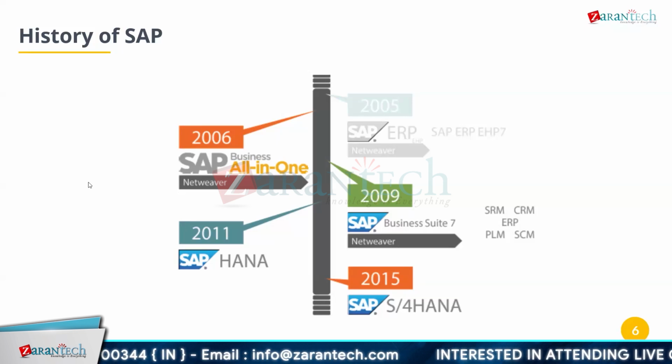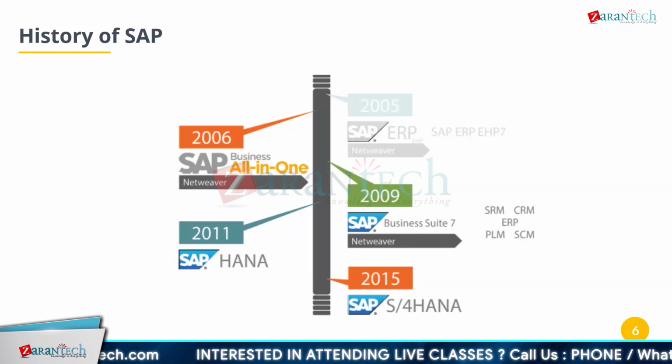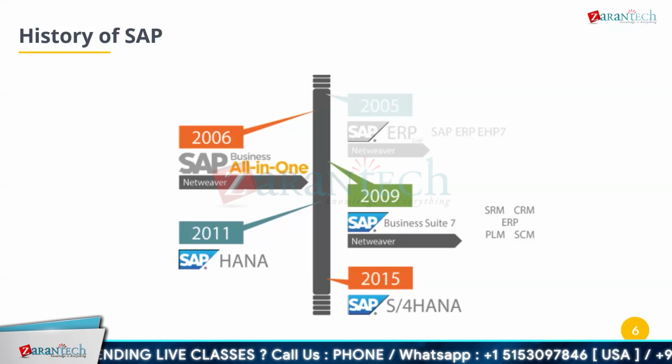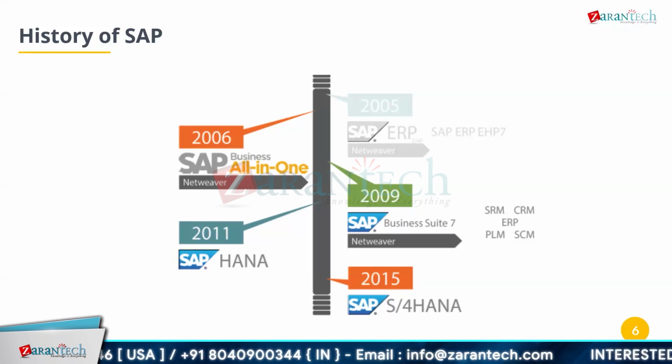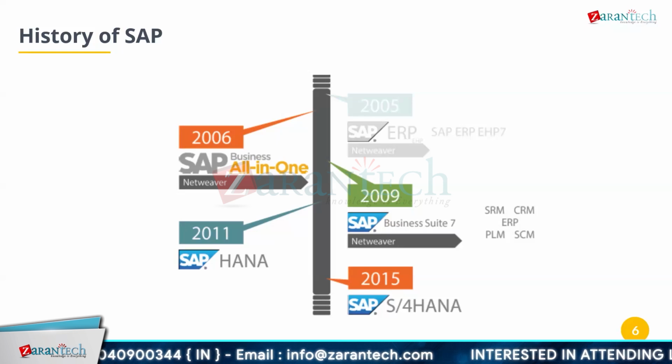So this was a short introduction to the history of SAP. SAP has decided on the end of life of SAP ECC, and will end support by 2027. That's why they introduced SAP Signavio to accelerate the S4 HANA transformation for customers who want to move to S4 HANA.